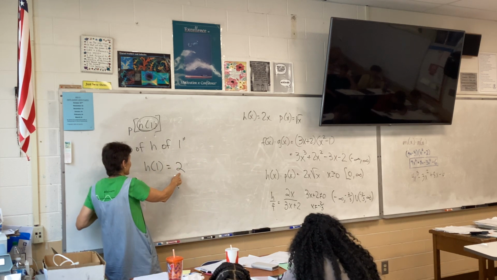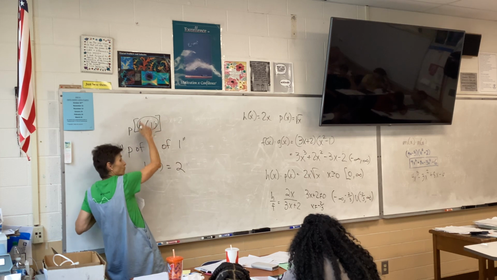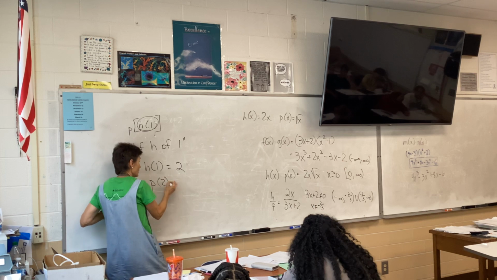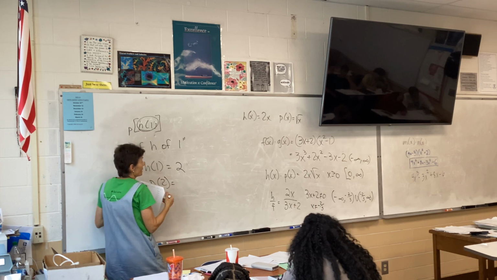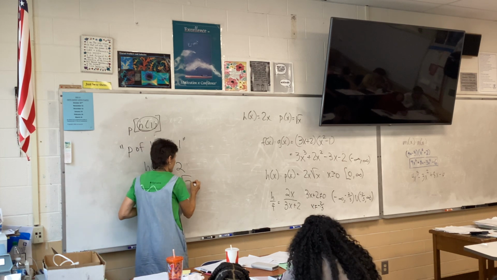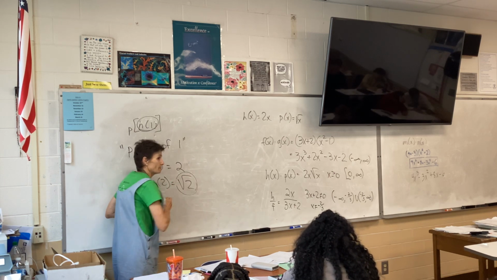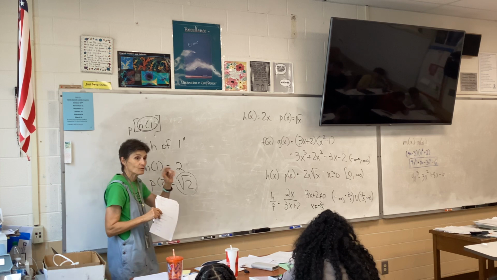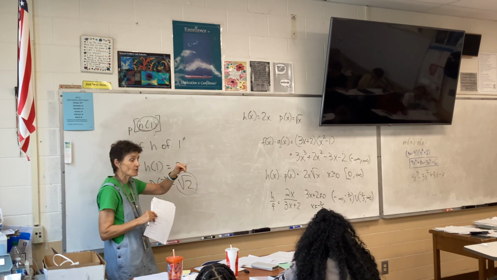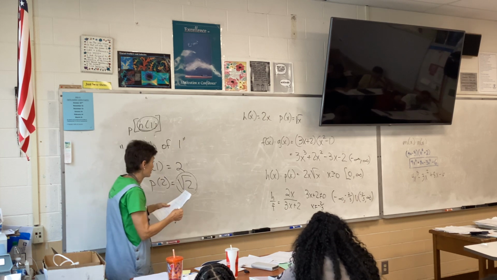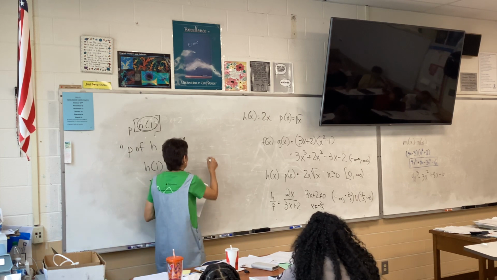Now I take that answer, H of 1, this is 2. So now I'm finding P of 2. And P of 2 would be the square root of 2? Yeah. And that's the answer to the question. So this is a two-step problem. You find an answer, and then you take that answer and plug it into the next function.